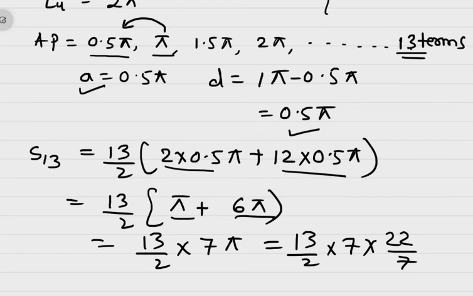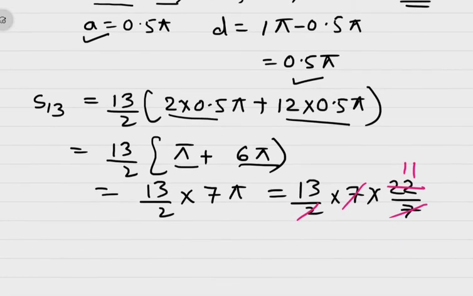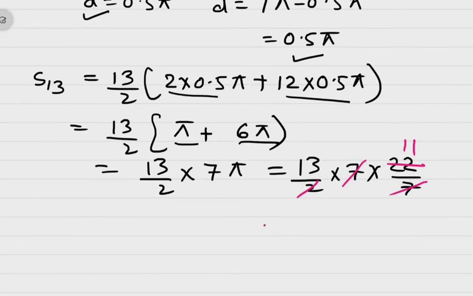So if you cancel 7 and 7, you will be left with, now see, you can cancel 2 and this. So 2 11s are 22. So what you are left with is 13 into 11. 13 into 11. So see, 11 3s are 33, 3 11s are 11 and 3, 143.